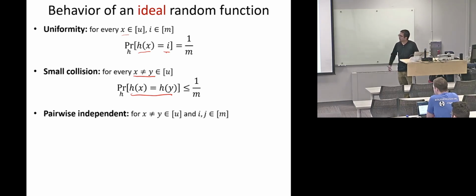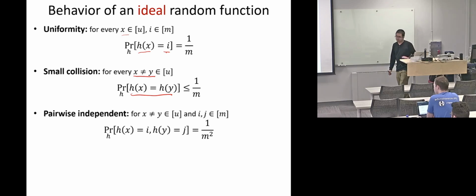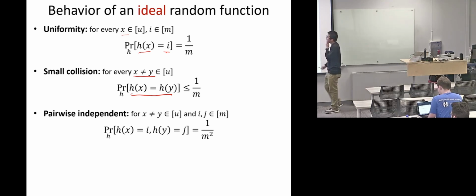There are more things like pairwise independent, which says that for any different elements x and y, the probability that x is mapped to i and the probability that y is mapped to j is 1/m squared. All of this is trivially satisfied by a random function, but it's not clear that some function might satisfy this without being completely random.